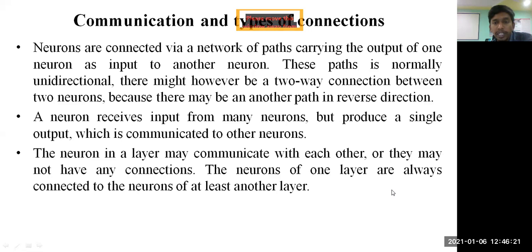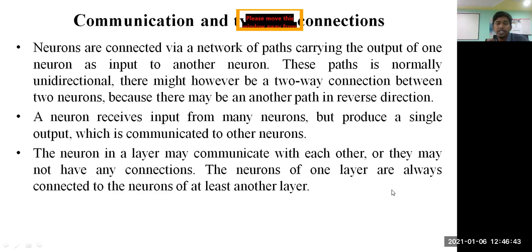But if it is a multi-layer feed backward network, it can be bidirectional. So according to the direction of the information being passed, you need to send the information. A neuron receives input from many neurons but produces a single output which is communicated to other neurons. So multiple neurons work together to get a single output.